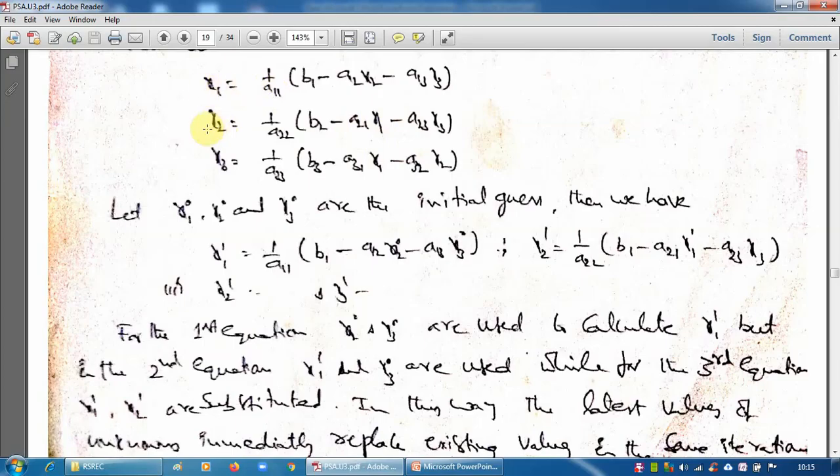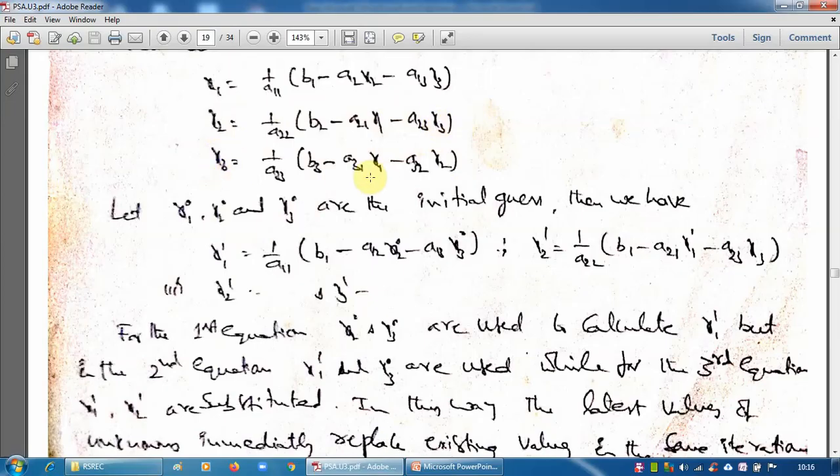Because we are calculating x2, so the previous value x1 of 1 is already calculated, a fresh value. But x3 we cannot, since we did not calculate it at this point, so the assumed value x3 of 0 is to be substituted. If we are calculating x2, up to x1 fresh values can be substituted, and beyond x2, that is x3, x4 and so on, previous values like x3 of 0 are used.